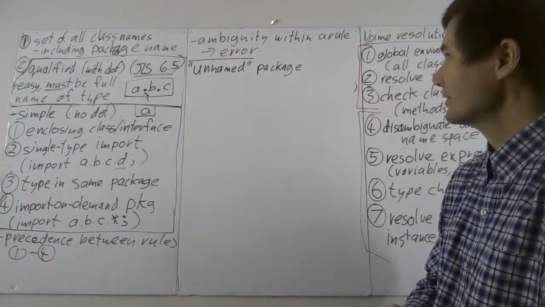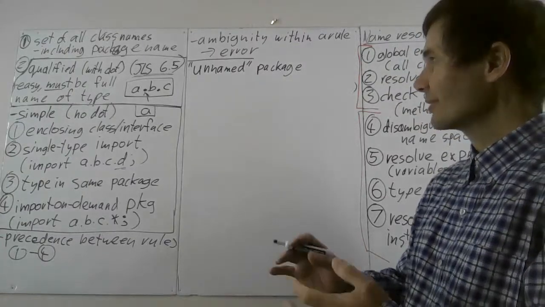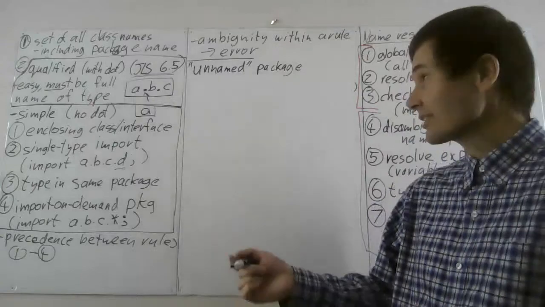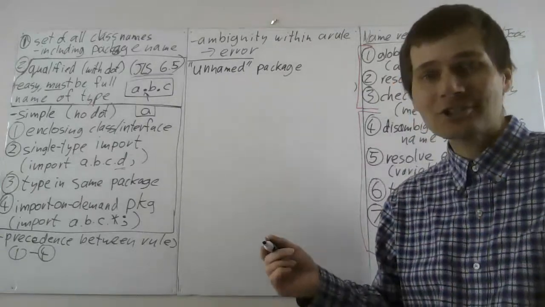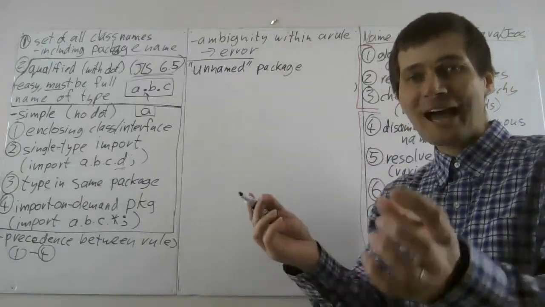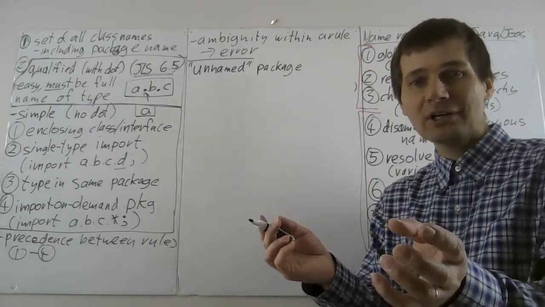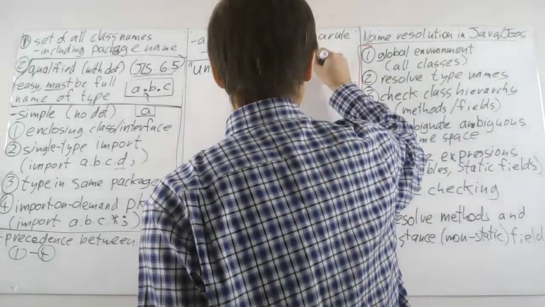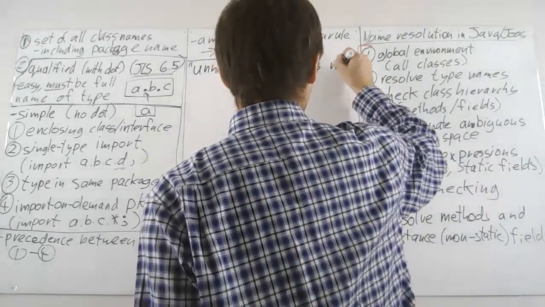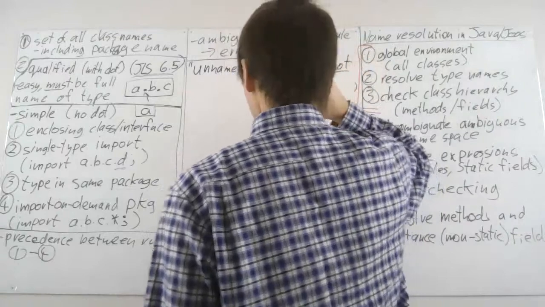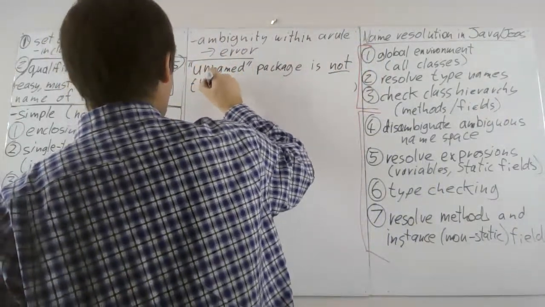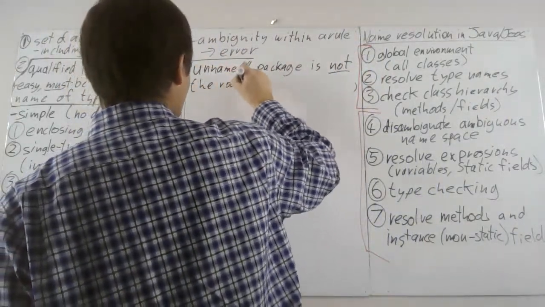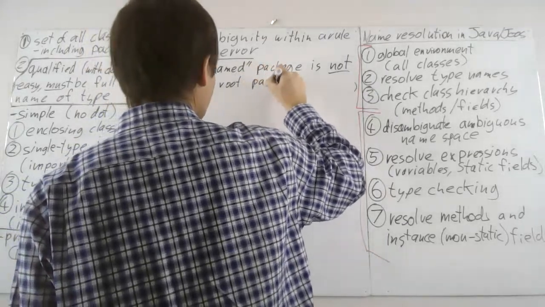And you might expect, or it's sort of natural to think, that the unnamed package is like the root package, like a package with an empty name, but it's not. Okay, so the sort of warning here is that the unnamed package is not the root package.